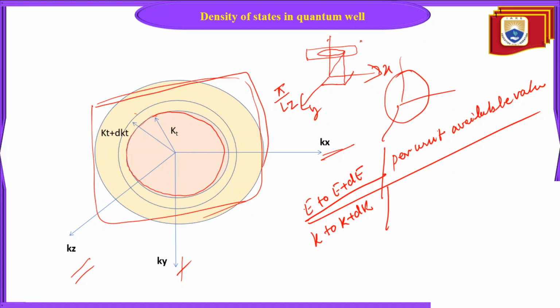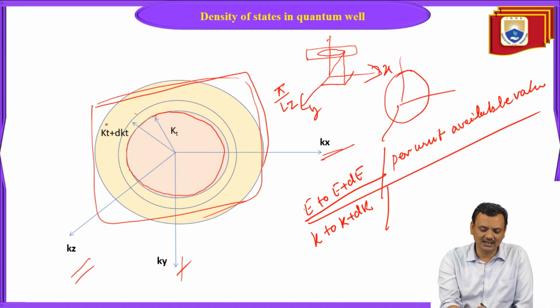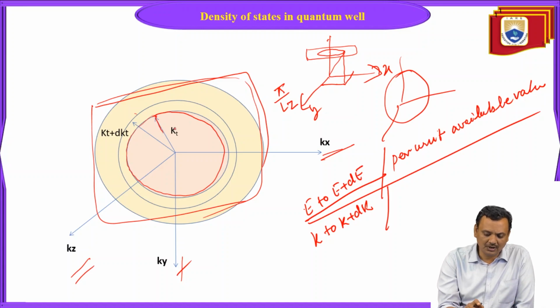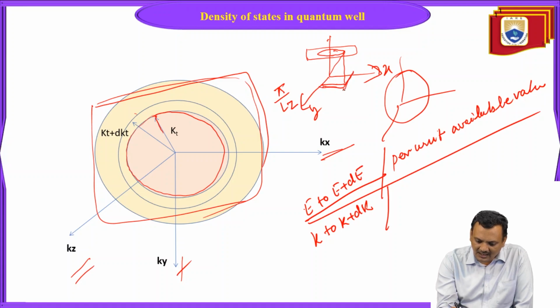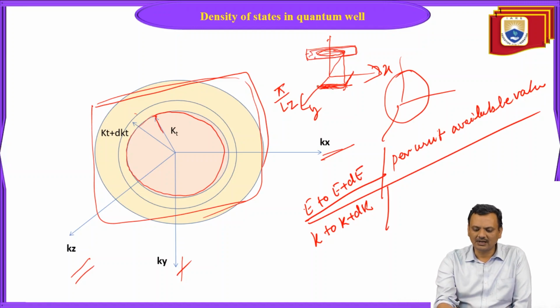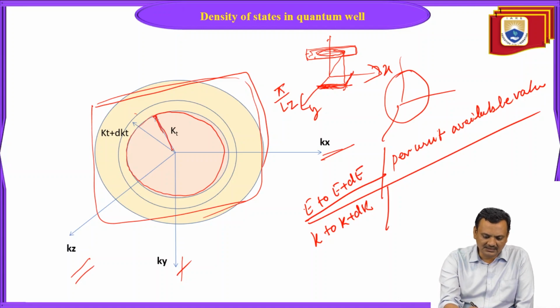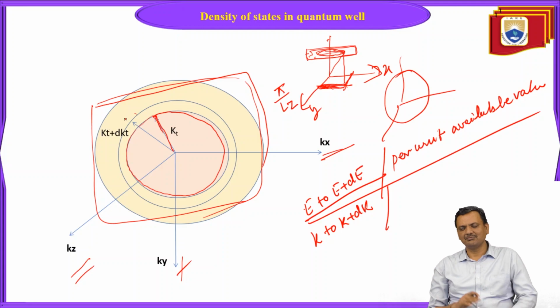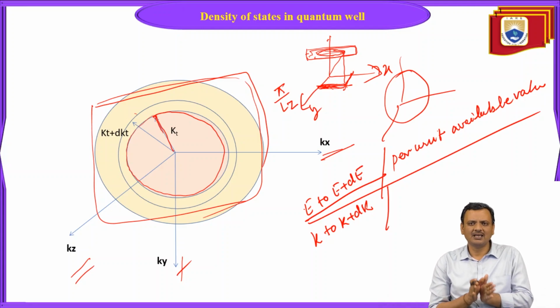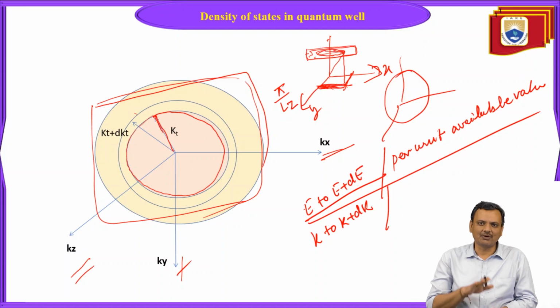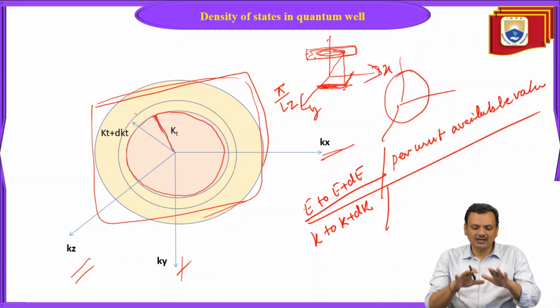Means if only X and Y change, you can say that X and Y are like Kt and dKt. Even when you are moving on this plane, you get the same values of X and Y. So that's why I am taking this Kt and Kt plus dKt; this t represents only the variation in the X and Y components, the transverse components of this plane.